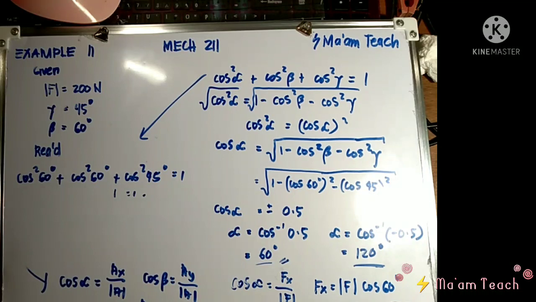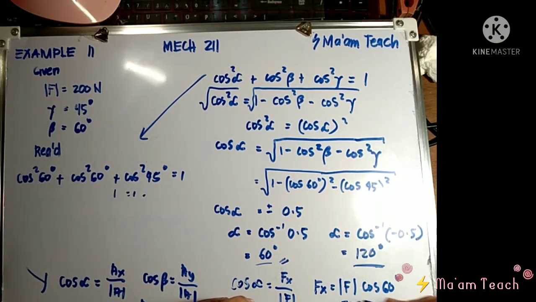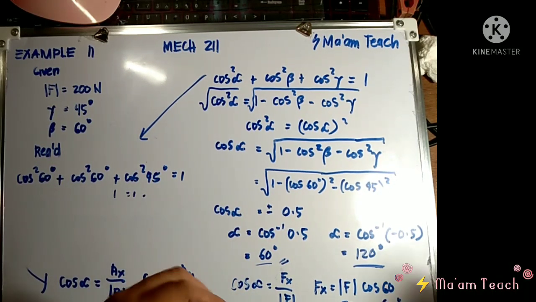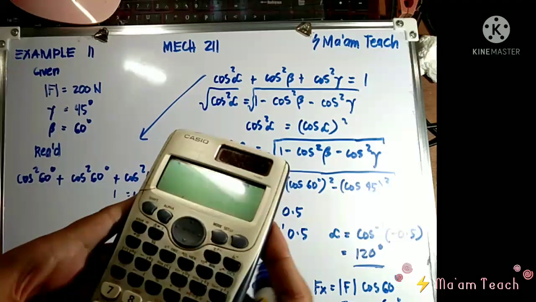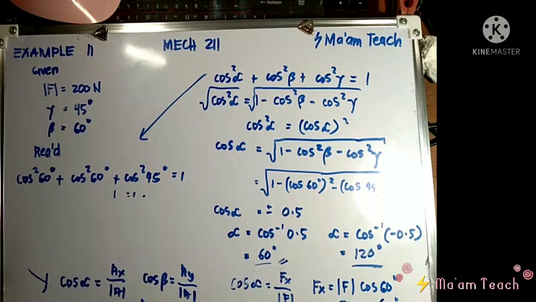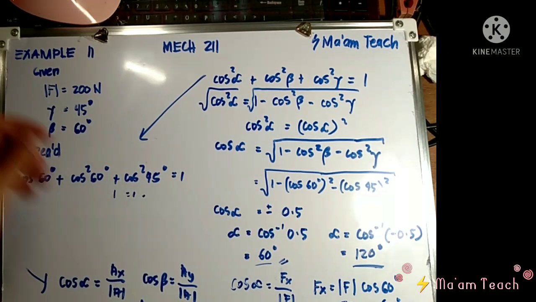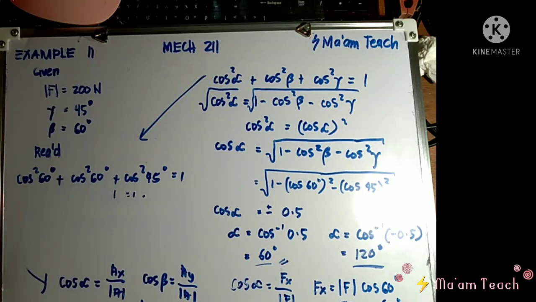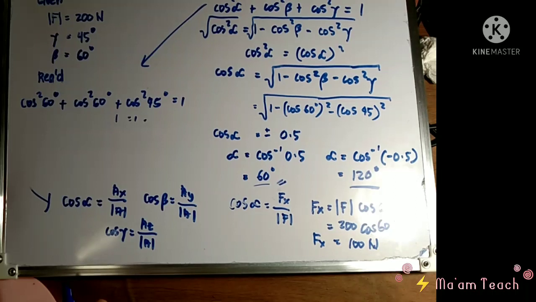Substituting, the magnitude of force is 200, so you'll have 200 cosine 60. Cosine 60 is 0.5, so that is 100 Newtons. That's our x component. Can you see it?